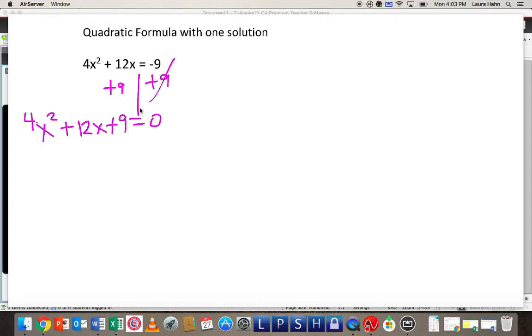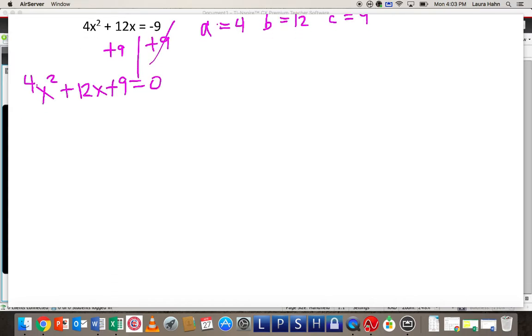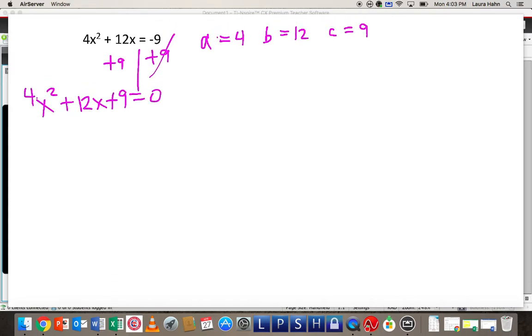All right, so now that it is equal to 0, I can identify my a, b, and c. So I know my a value is 4. My b value is 12. And my c value is 9. Okay, so now that I know my a, b, and c values, I can go ahead and plug into my quadratic formula, which is a big old fraction. And that formula starts with negative b, so we think of that as the opposite of our b.